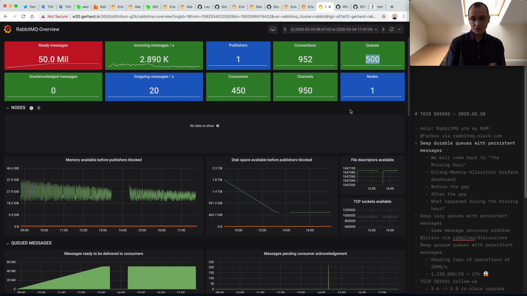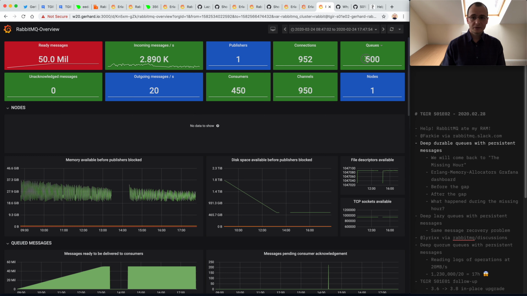So there's no backlog in those queues. And we have 50 queues which have only publishers. We publish about 3,000 messages per second across all 50. So that's roughly 60 messages per second per queue.